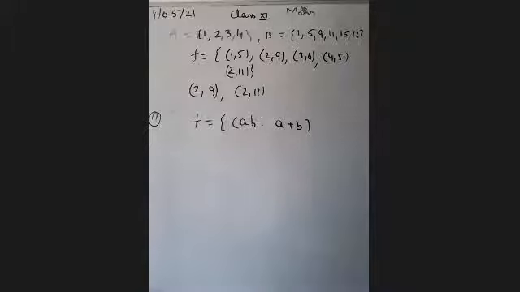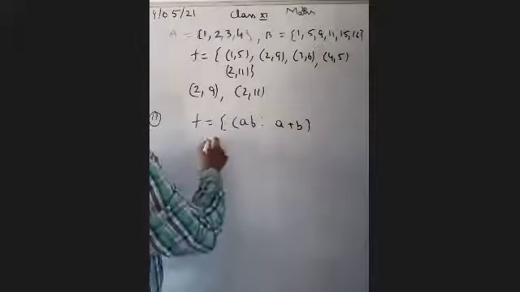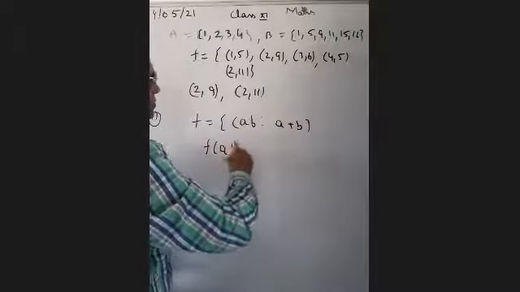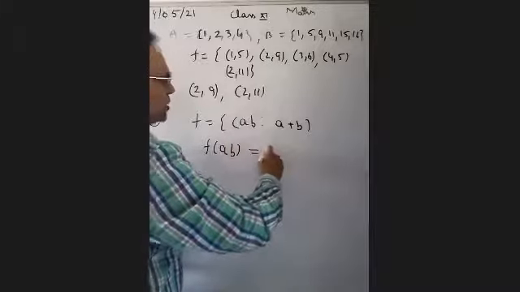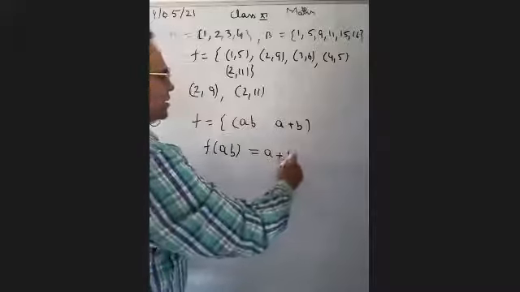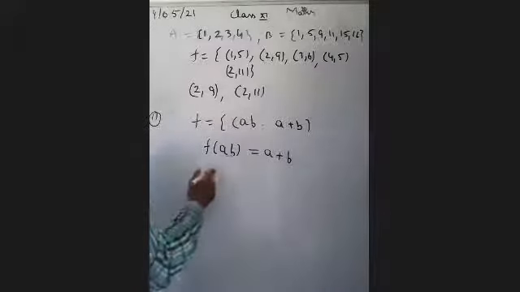We have to justify our answer also. Okay. They are saying f(ab) equal to a plus b. It means if we take elements a and b, a and b are two elements belonging to the set of integers. Any two integers you can take.